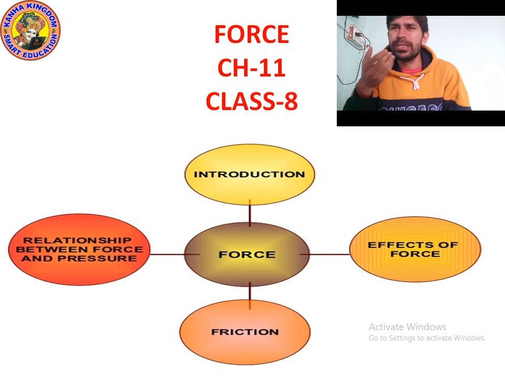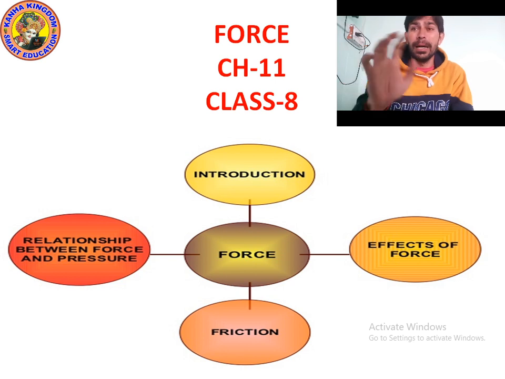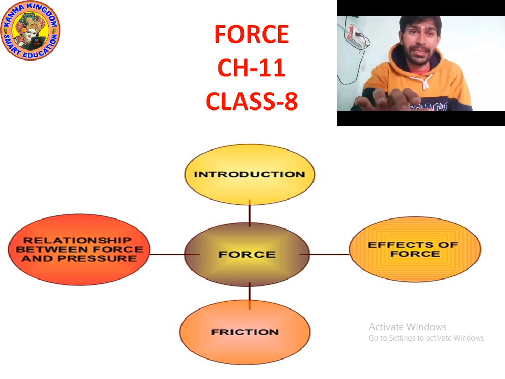There are different types of effects, so I will tell you four or five effects with examples. As I said, examples are very important, and I will also try to solve some of your misconceptions.